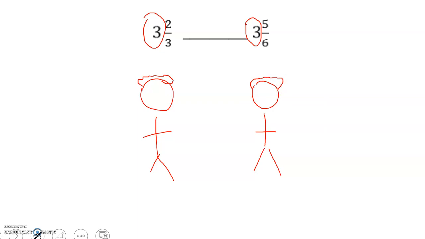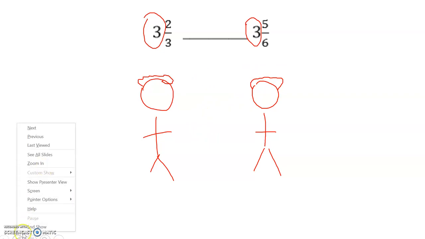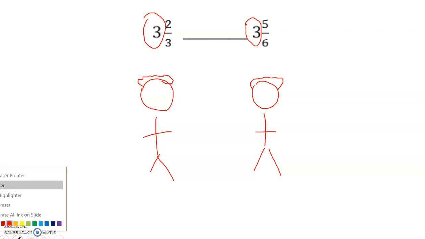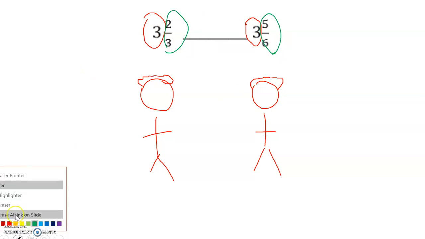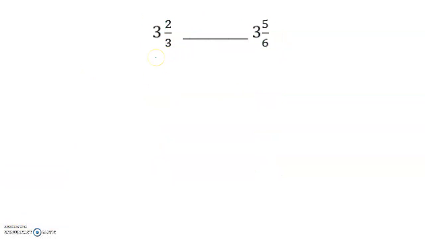They're probably pretty similar in height, but all we need to know is which of the fraction parts is bigger. Is 2/3 bigger or is 5/6 bigger? So, let's figure it out. So again, I don't really care about this 3. All I care about is 2/3 and 5/6.